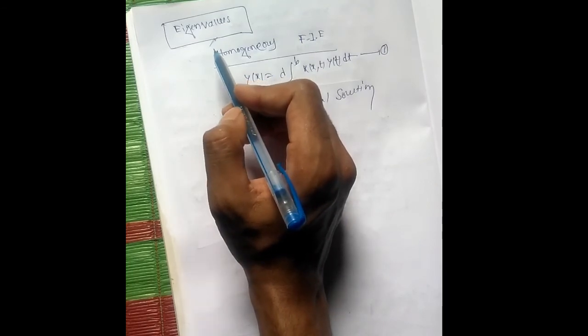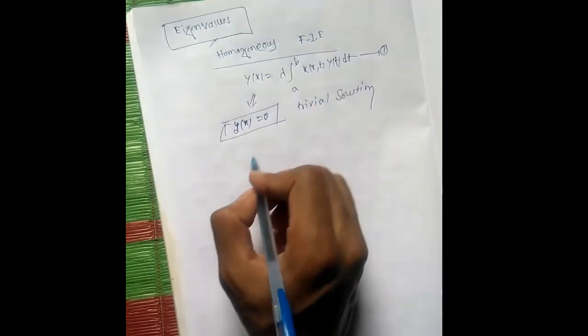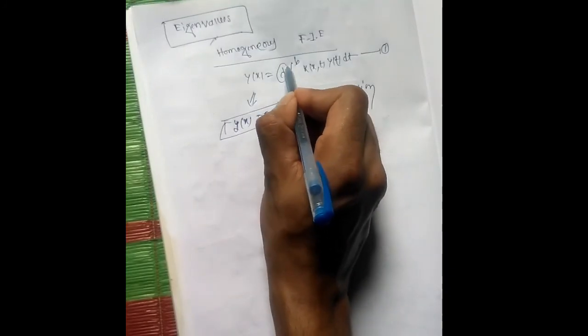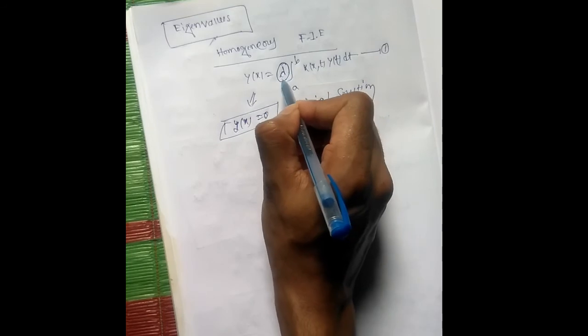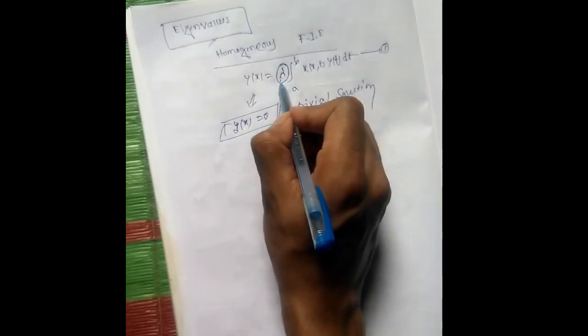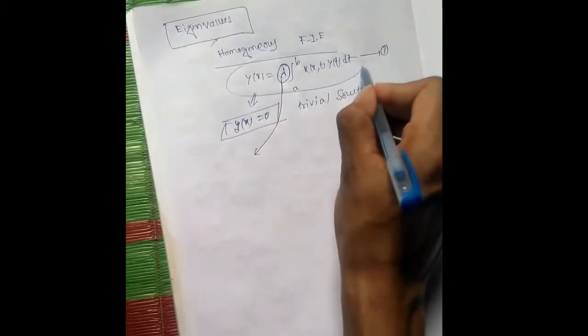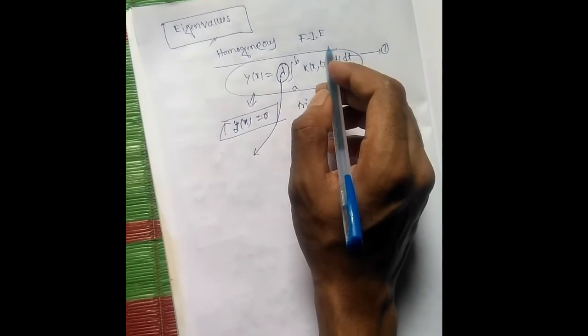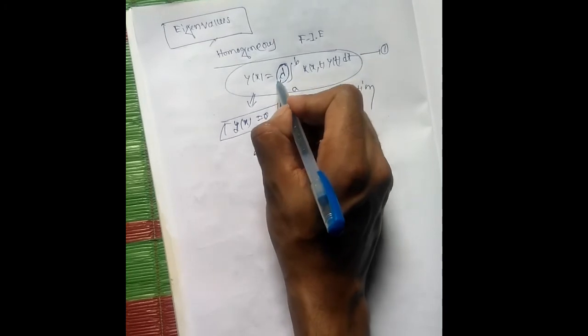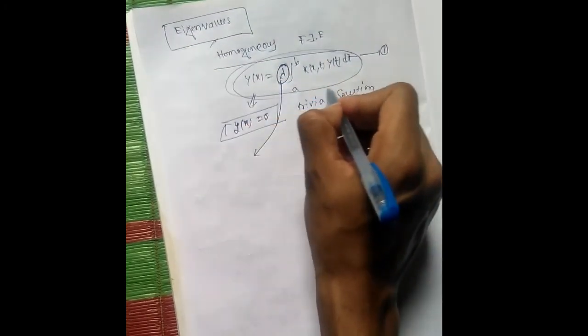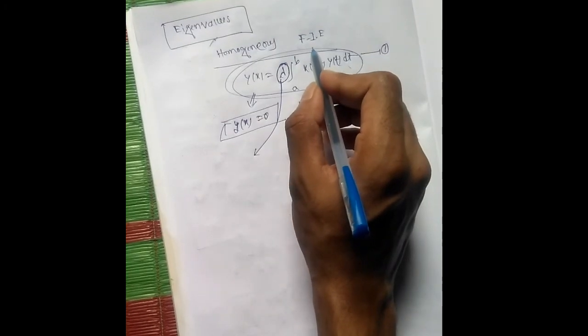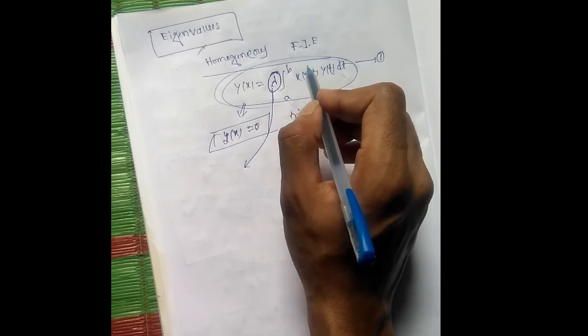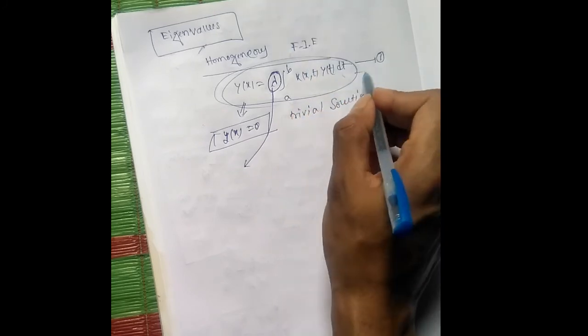Now what are eigenvalues? Here this is important. The values of the parameter λ for which one has a non-zero solution, these values of λ are called eigenvalues of (1).